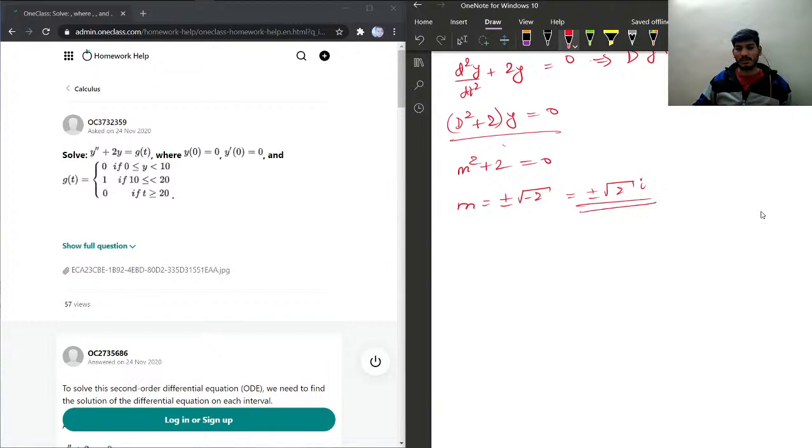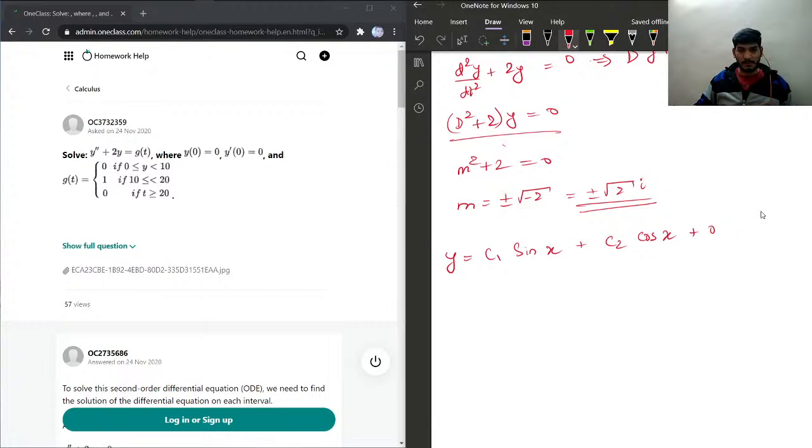So these are complex values, and for complex values we have the general equation as y equal to c1 sine root 2 t plus c2 cosine root 2 t plus the particular part which we have here, and it will be 0.